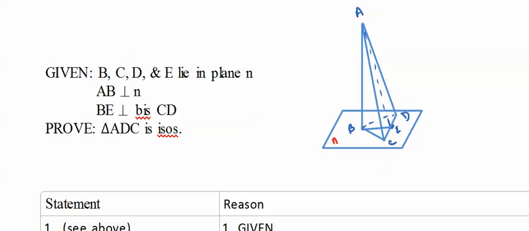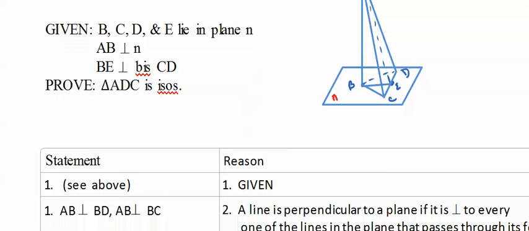One thing that might help us in this is to know that AB is perpendicular to plane N. And what that would do is establish right angles between the lines AB and BD and AB and BC, making them congruent. So we'll start by saying that AB is perpendicular to BD and also BC.